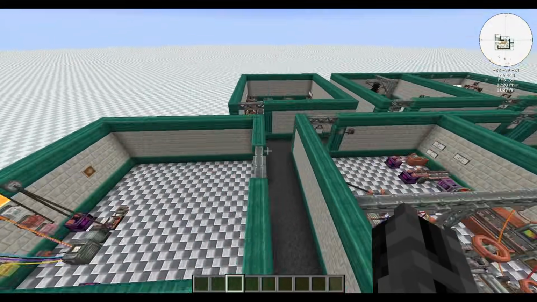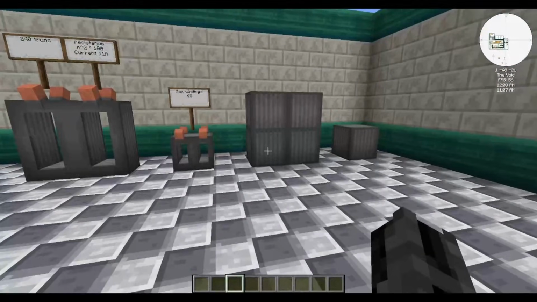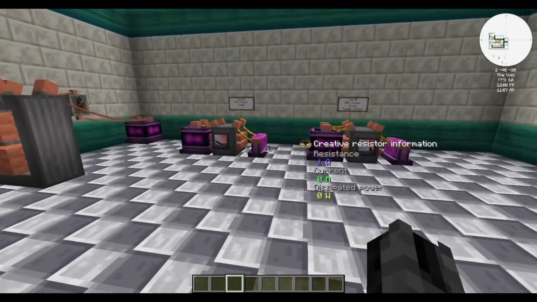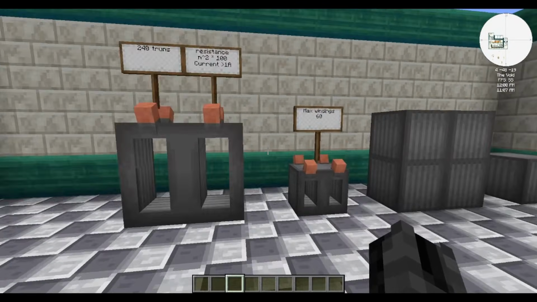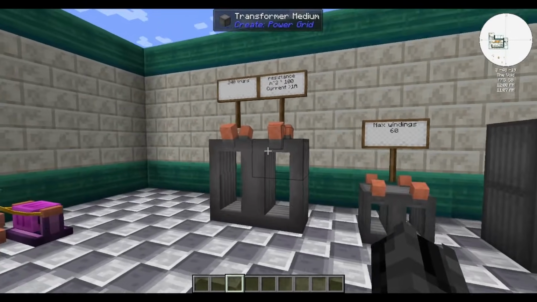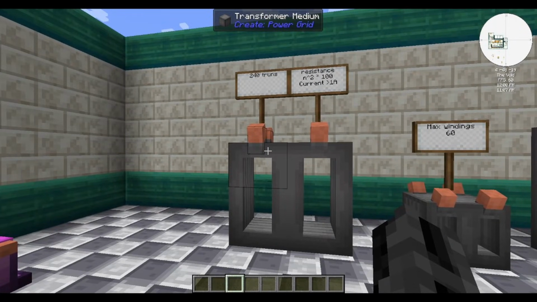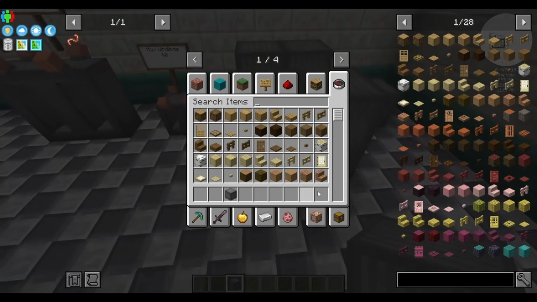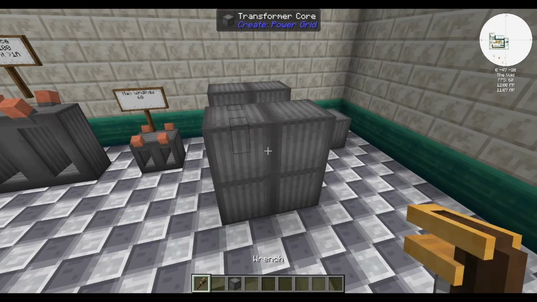I've been talking a lot about transformers, which are these little neat things. They used to change the voltage while keeping the power. Well, not really. Okay, they are used to change the voltages of your lines. Now, there are 2 transformers. You make them by wrenching transformer cores.